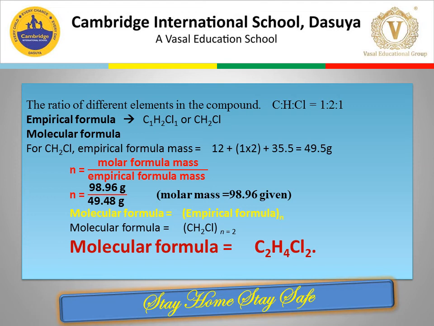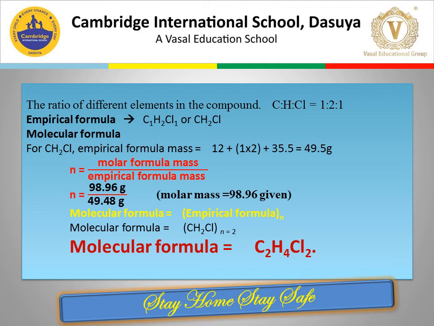Since the molar mass is given, to find out the value of n, the molar mass will be divided by the empirical formula mass. The molar mass is 98.96 and it is divided by the empirical formula mass, that is 49.48. So dividing it, we get n equals 2. To obtain the molecular formula, we multiply the empirical formula by n.